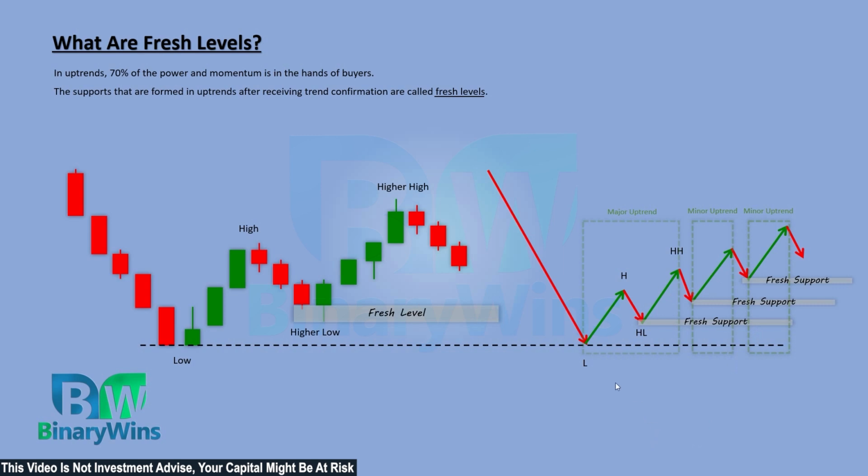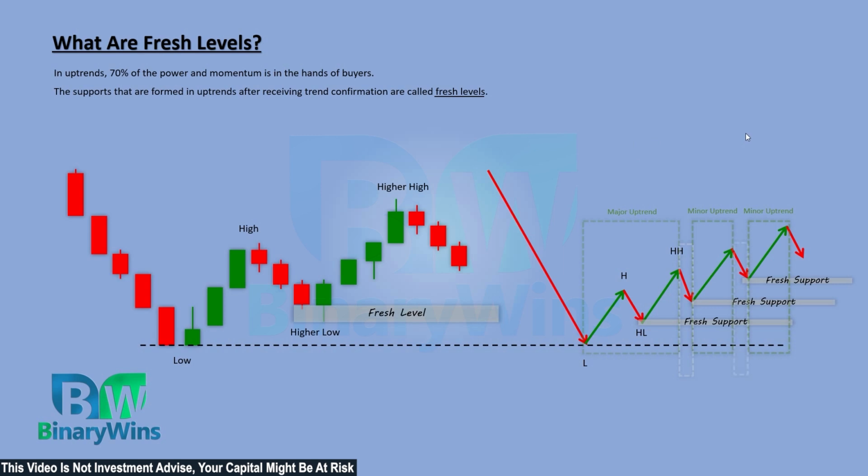Therefore, we're looking for trades in the same direction as the trend and aligned with major or minor upward trends, that is, in upward trends. These trends are important for us, and it is preferable to trade in the same direction as the trend.